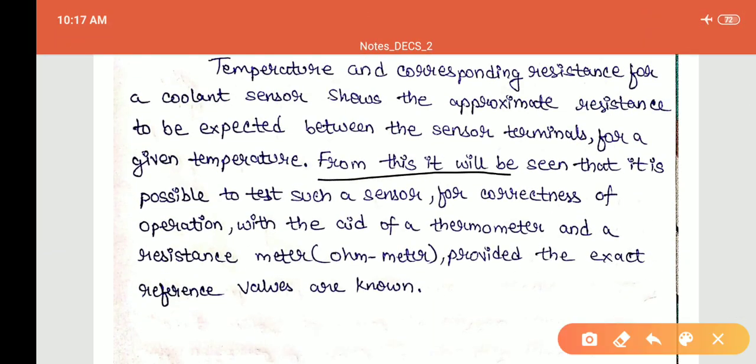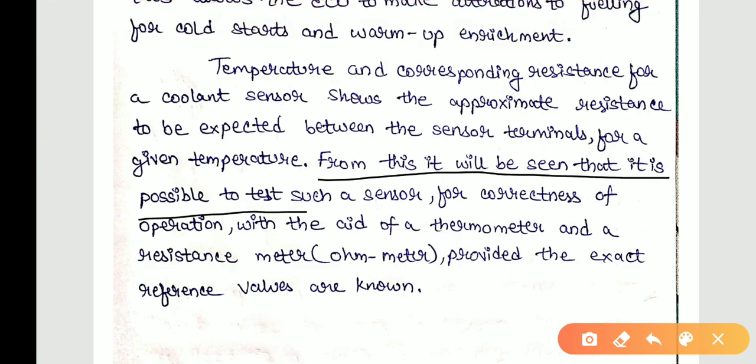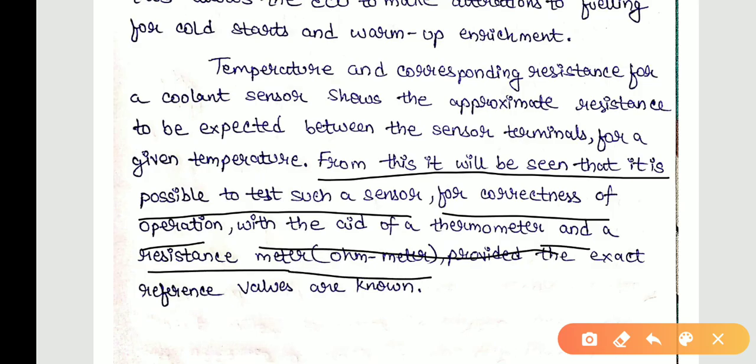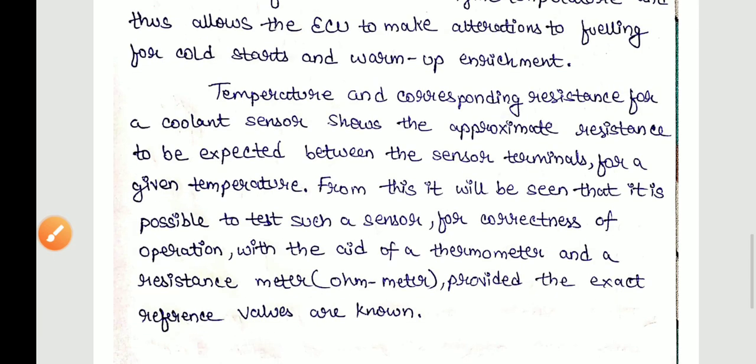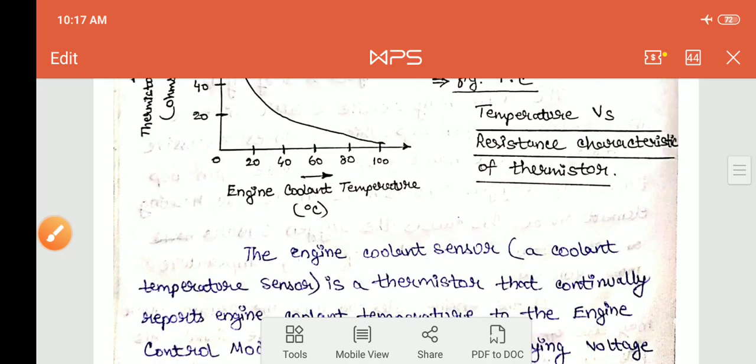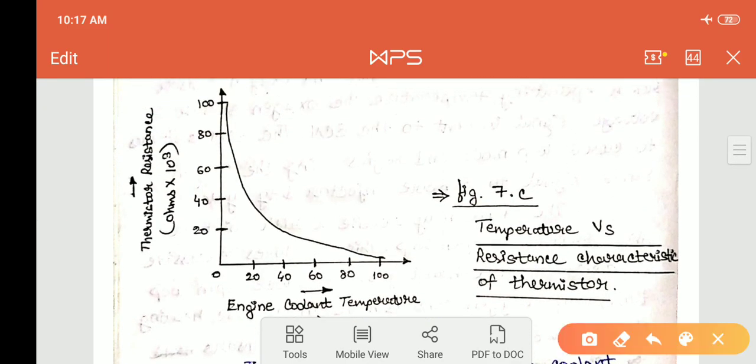From this, it can be seen that it is possible to test such a sensor for correctness of operation with the aid of a thermometer and a resistance meter, also known as an ohm meter, provided the exact reference values are known. This also indicates that at the point of starting the engine, the thermistor resistance is maximum, and at that point the engine coolant temperature is minimum, right?